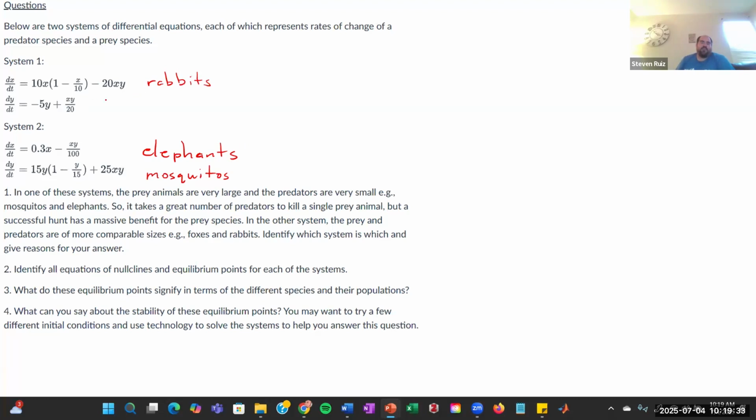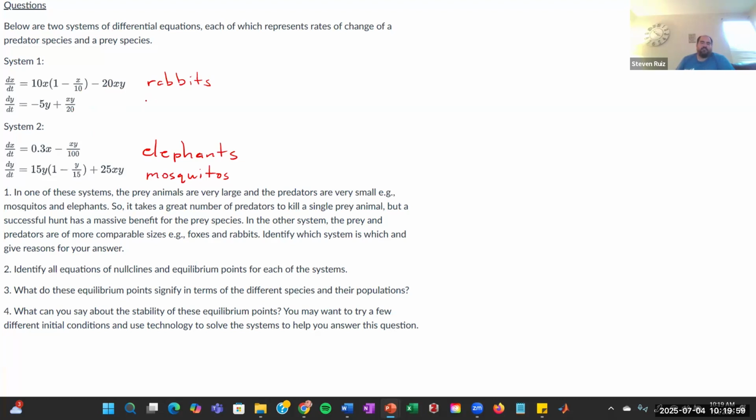In these predator-prey models, the fact that these constants are negative, since the interactions between predator and prey are causing a decrease in this population, the X's in either system are the prey. And since the interaction causes a benefit to the Y species, those have to be the predators.